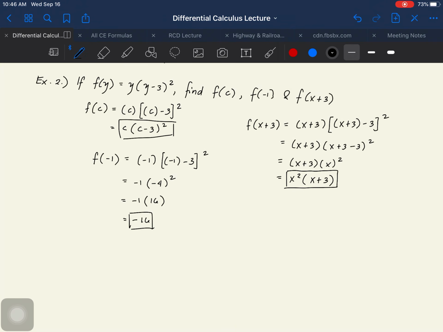Now, what if my answer is, well, I distributed x squared inside the parentheses? What happens? That becomes x cubed plus 3x squared.